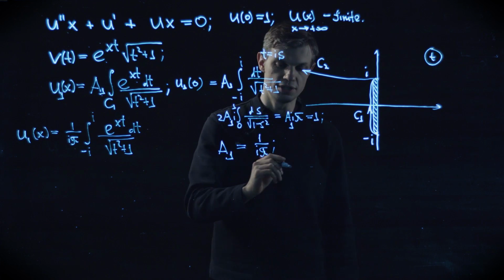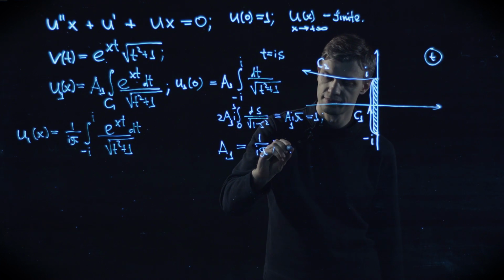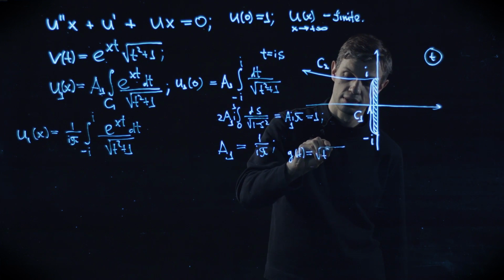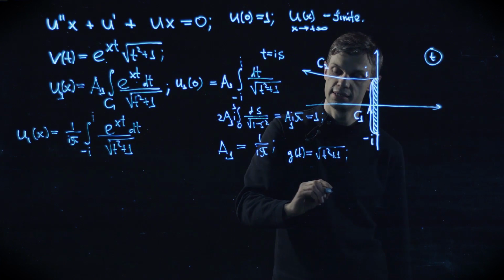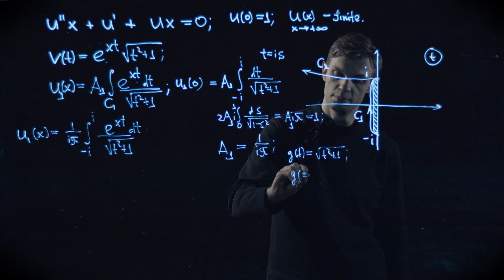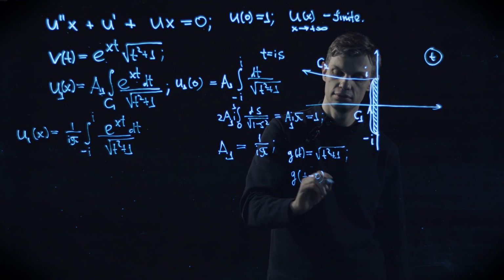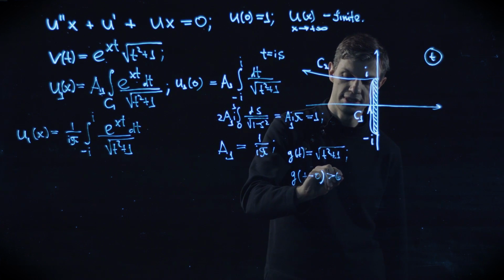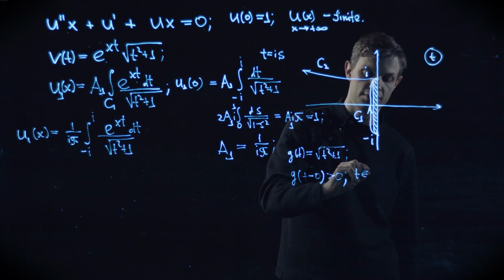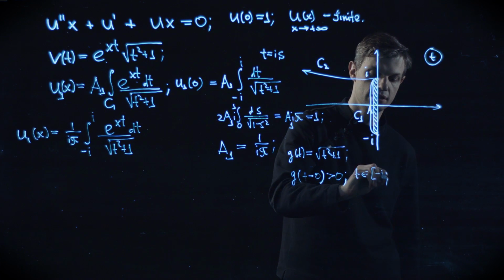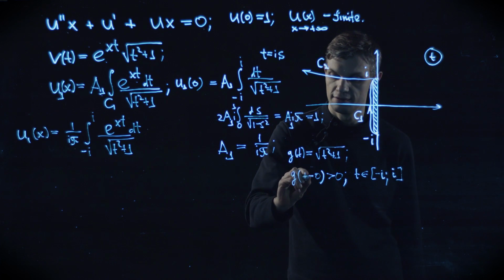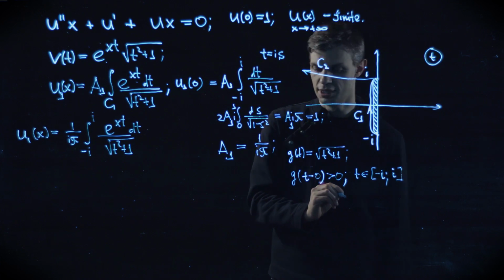Okay, so let's denote this multivalued function square root of t squared plus 1 as g of t, and g of t minus 0 is positive when t belongs to the segment from minus i to i. Okay, so this is the fixation of our regular branch.